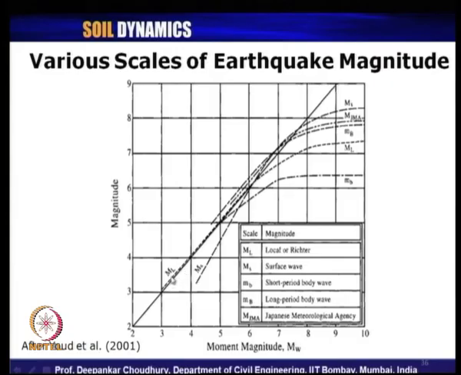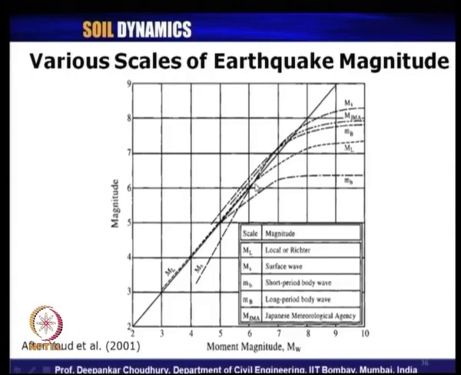But look at the variation of the ML line, it goes like this and then takes this route. So, what does it mean? Up to earthquake magnitude of about 6.25 or so, the Richter magnitude and moment magnitude are essentially the same, because it is following this line.